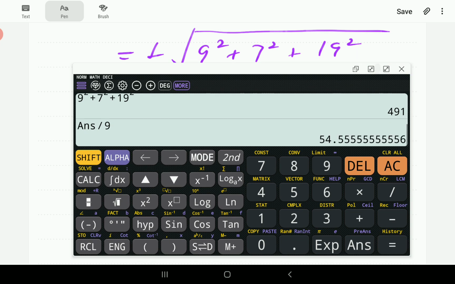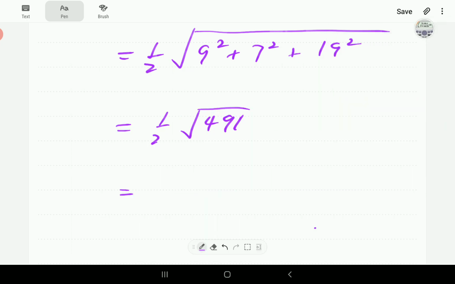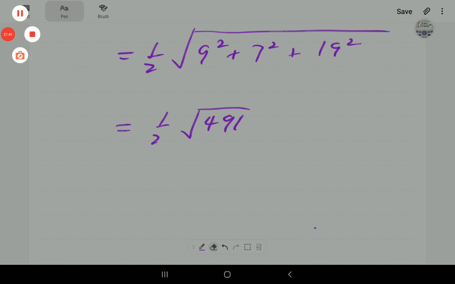No. Okay, so we're just going to leave it as 1/2 of the square root of 491. Right, in the next video we're going to look at triple vector products, and one or two applications, maybe a proof, and then that will cover the basics of vectors, vector algebra.